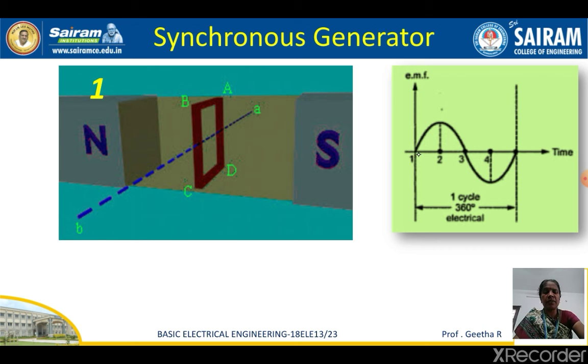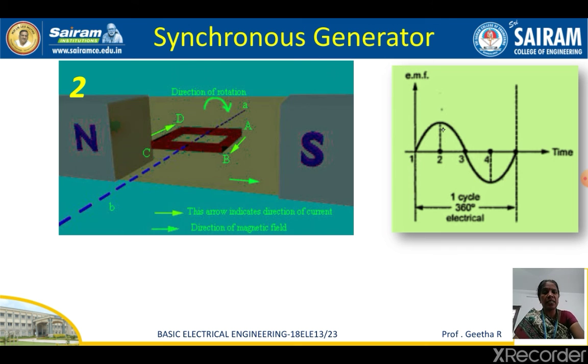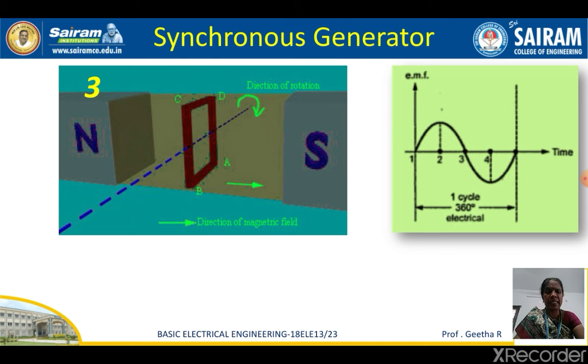As it rotates from position 1 to 2, it starts increasing. At position 2 it reaches maximum, that is shown here. Further, when it moves from position 2 to position 3, the portion of the flux lines cut by the conductor starts decreasing, and accordingly the EMF also decreases.